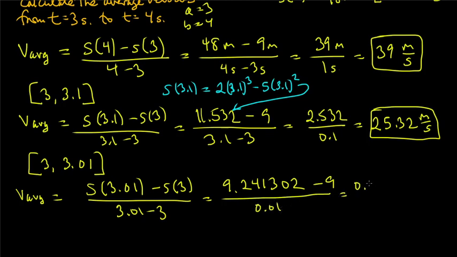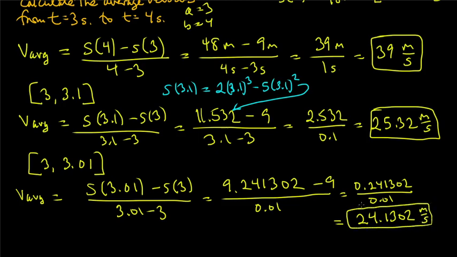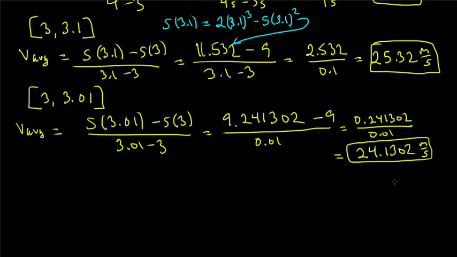So we have 0.241302 divided by 0.01, which is going to be 24.1302 meters per second. Again, that's the average velocity between 3 seconds and 3.01 seconds. So in that 1/100th of a second interval, that's the average velocity. And you can see we're getting awfully close to 24 meters per second.